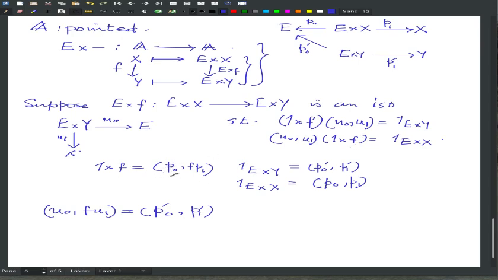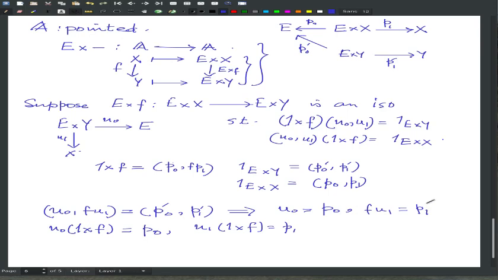So it is U0, 1 cross F. I have this is P0, and U1, 1 cross F is P1, right? So this tells me U0 is P0 and FU1 is P1 prime. Okay? Yeah.